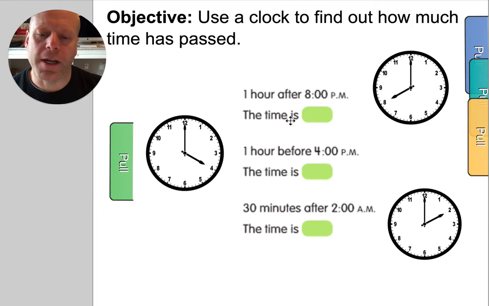The next one is the opposite. Here's 4 o'clock, but now they want 1 hour before. So what that means is, instead of going normally around the clock, you're going to go backwards because you're going before. So before 4 is 3 o'clock.